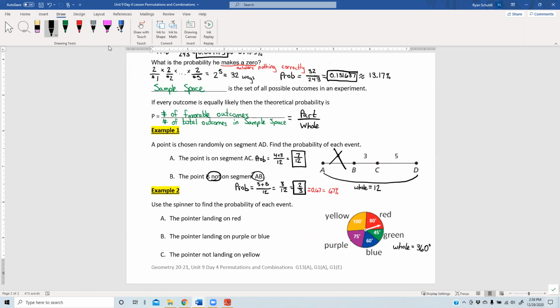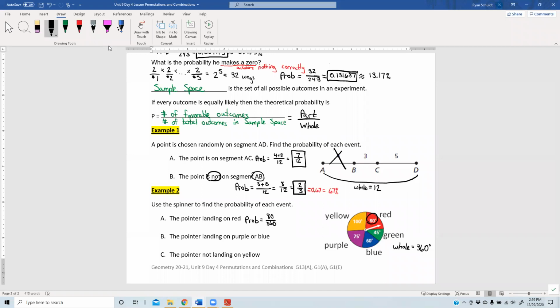So A asks us to find the probability that the pointer lands on red. Well, that probability, we want red. Red over here is 80 degrees. So 80 over 360.